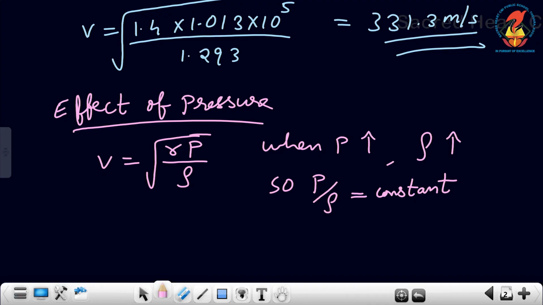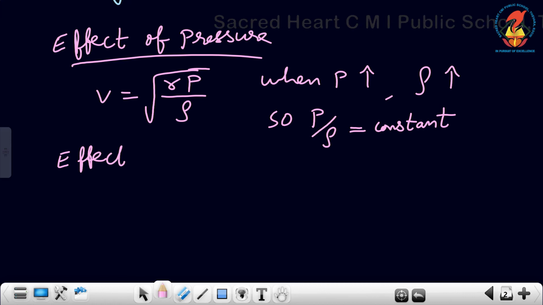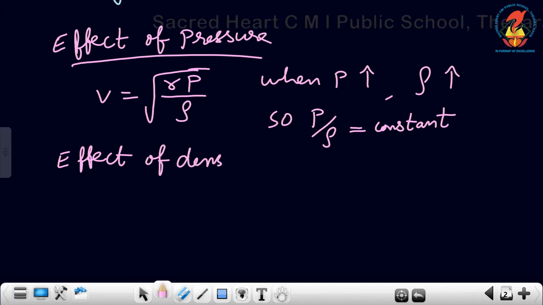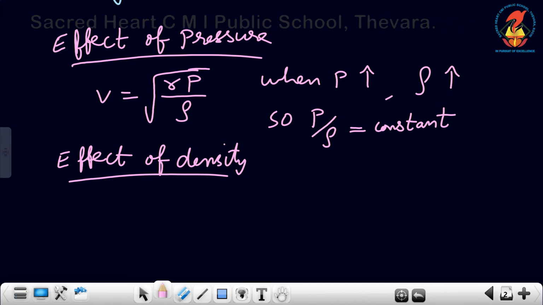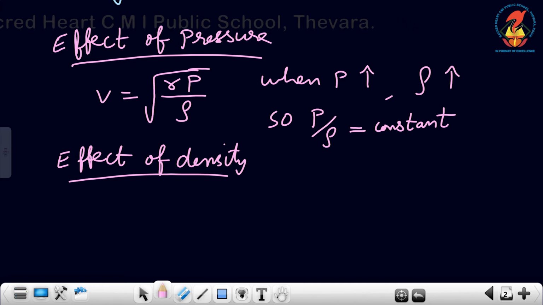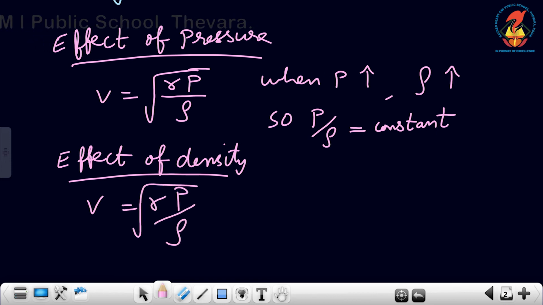Now, if I am keeping the pressure constant and changing the density, imagine like that. So, V is equal to root of gamma P by rho.